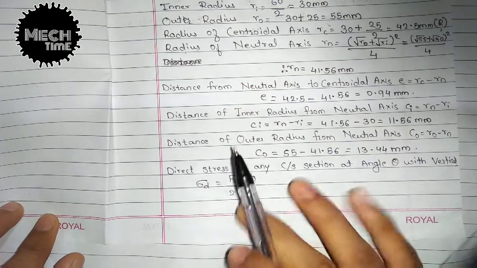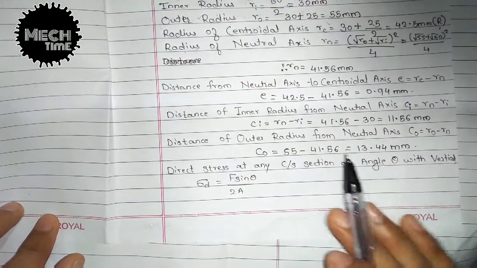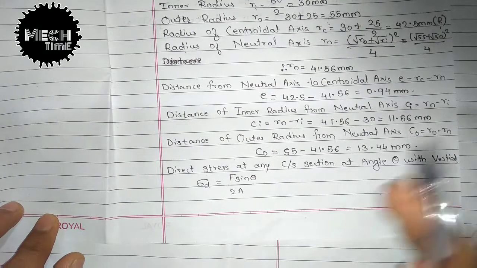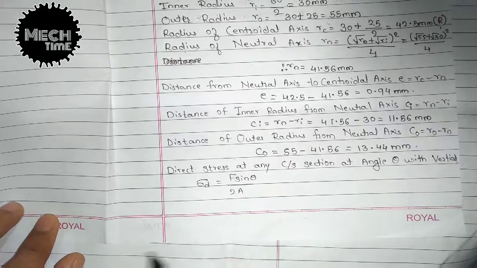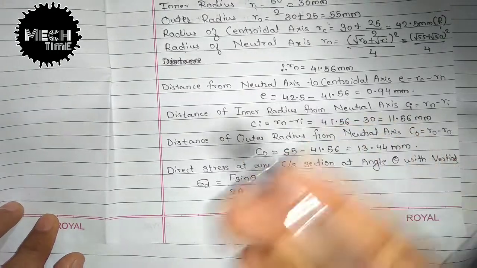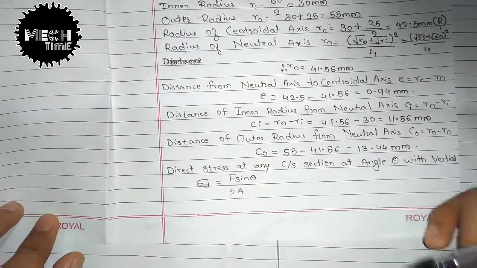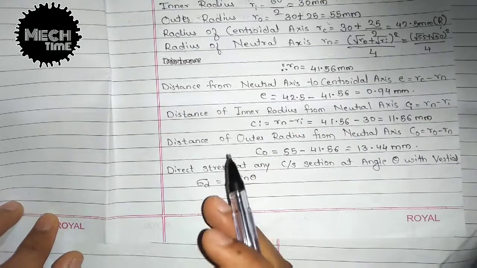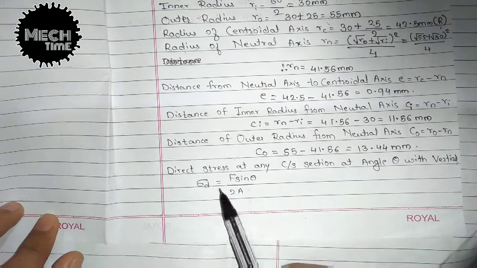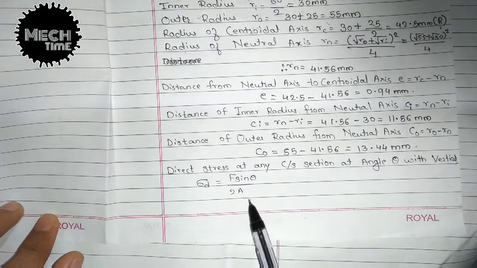Now we need to know the direct stress for theta with the vertical and theta with the horizontal. I have told where to find that theta: it is in the closed ring derivation I solved in the last video. You can go and check how this F sine theta by 2A comes.